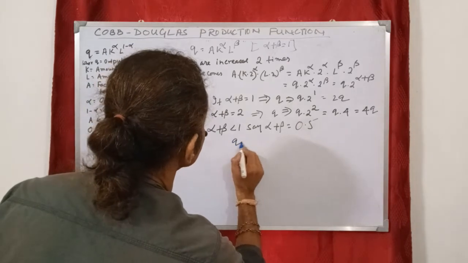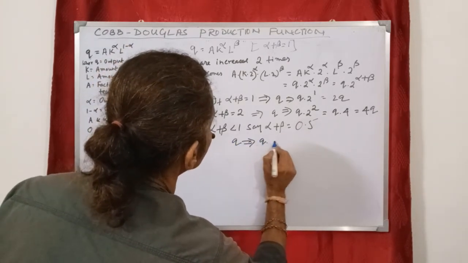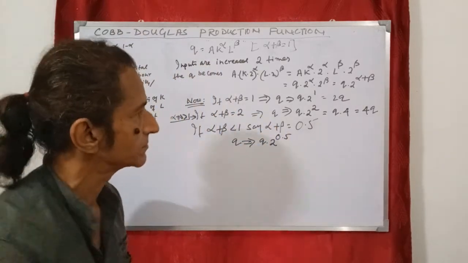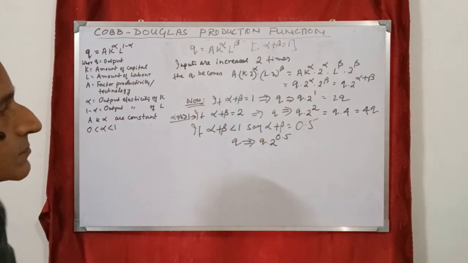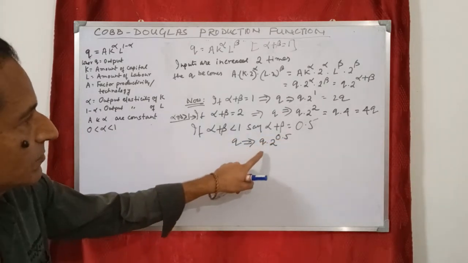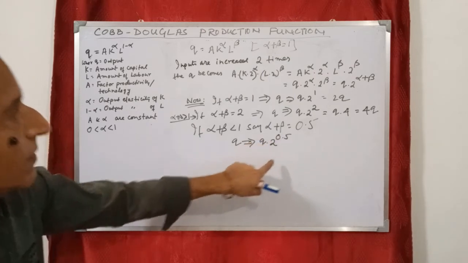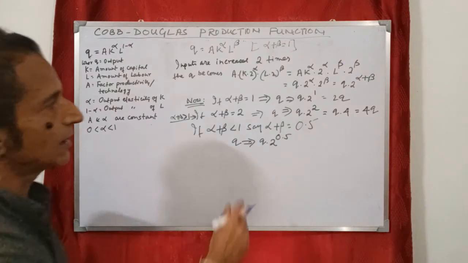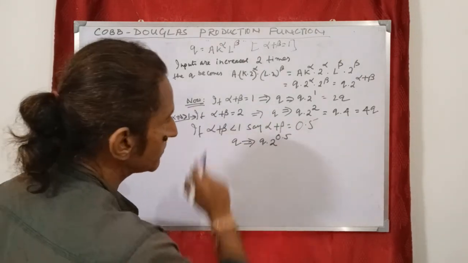Q will become Q into 2 to the power 0.5, because alpha plus beta is 0.5. I mean, when inputs are increased by 2 times, output becomes Q into 2 to the power 0.5.